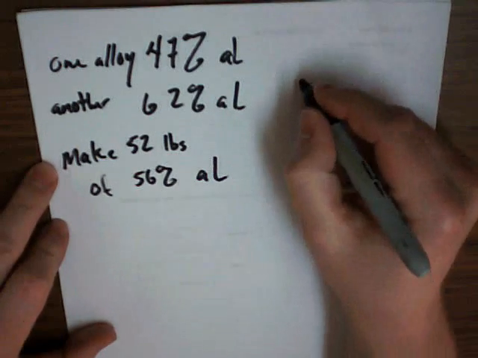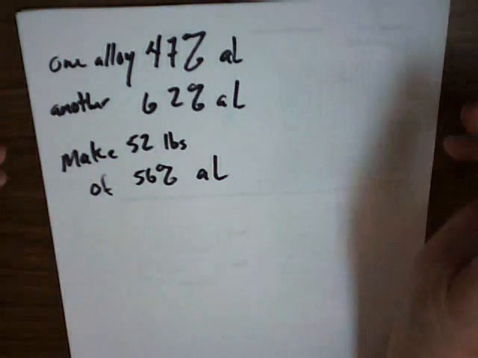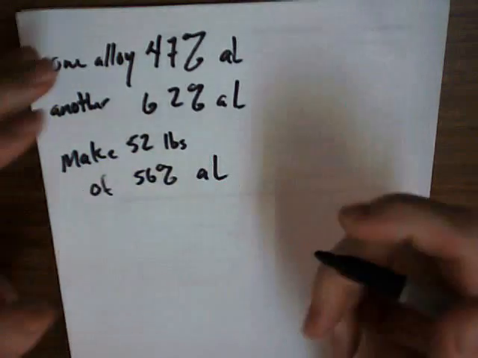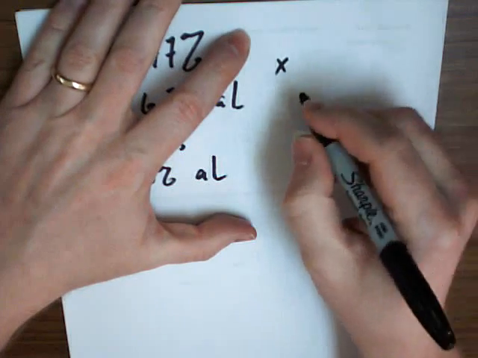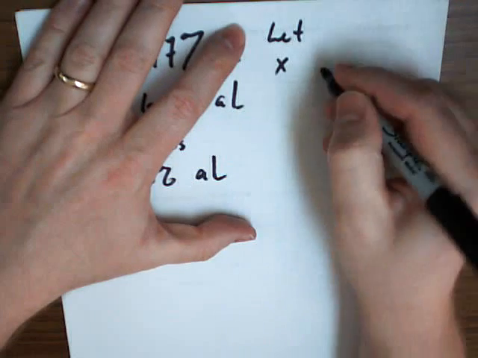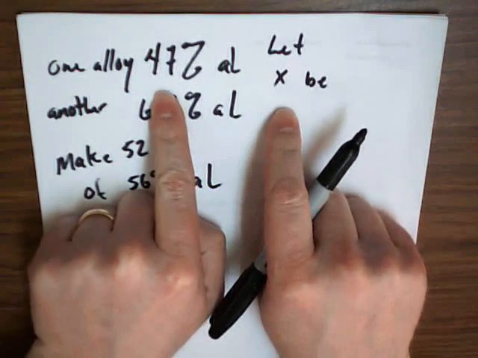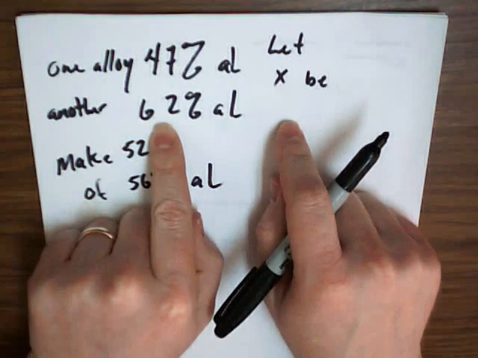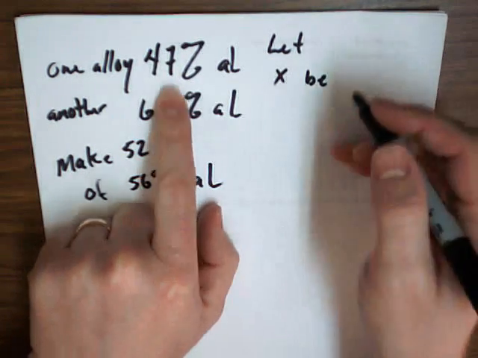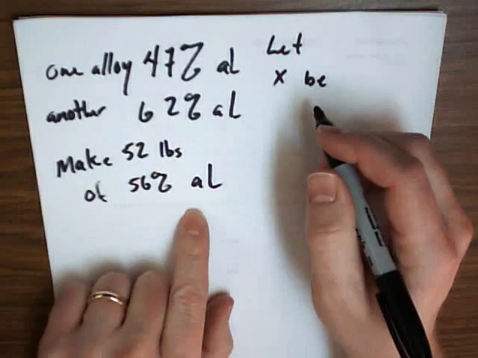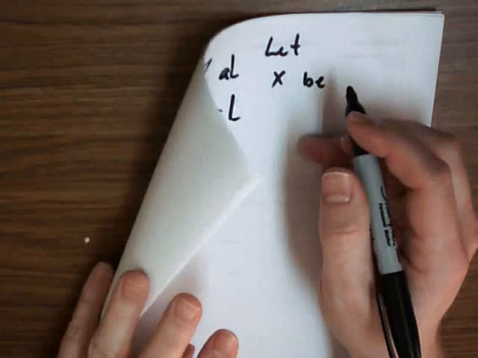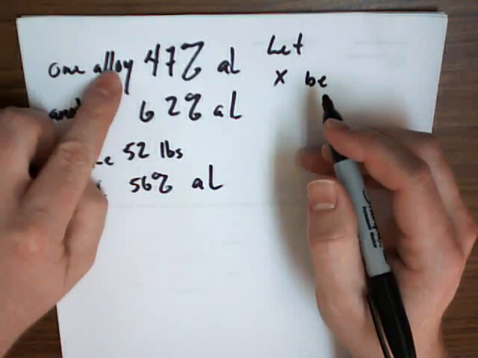Yeah, we're going to use variables. You can use whatever you want. I'm just going to use x and y because that's what people normally do. So what do you want x to be? You want x to be 47% chunks or 62% chunks? 47? Okay, now your answer is in pounds, right? It's how many pounds of this do you use and how many pounds of that?